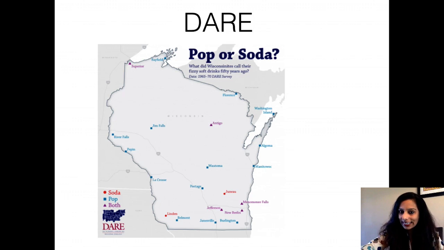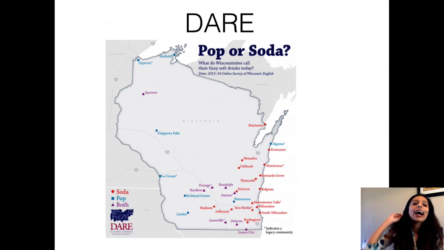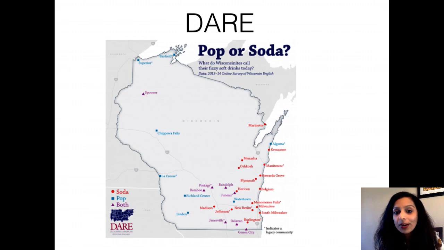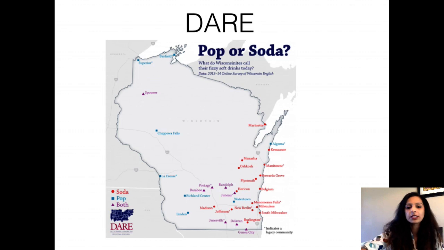But the survey was done again 50 years later, and now you can see that the majority of Wisconsinites actually call their fizzy soft drink soda. So it takes as little as 50 years for language to change, right? Each day as we speak, our language is changing, and this is what this kind of survey is demonstrating.